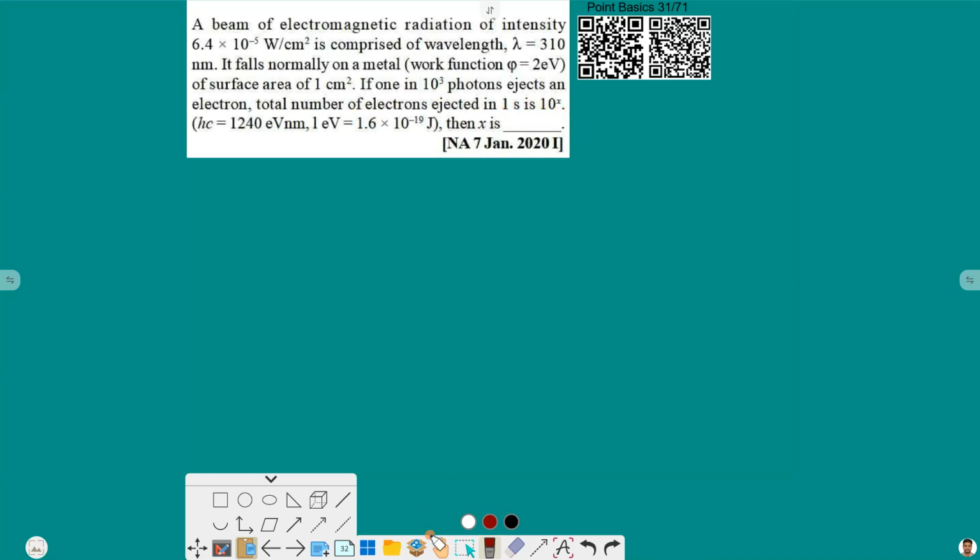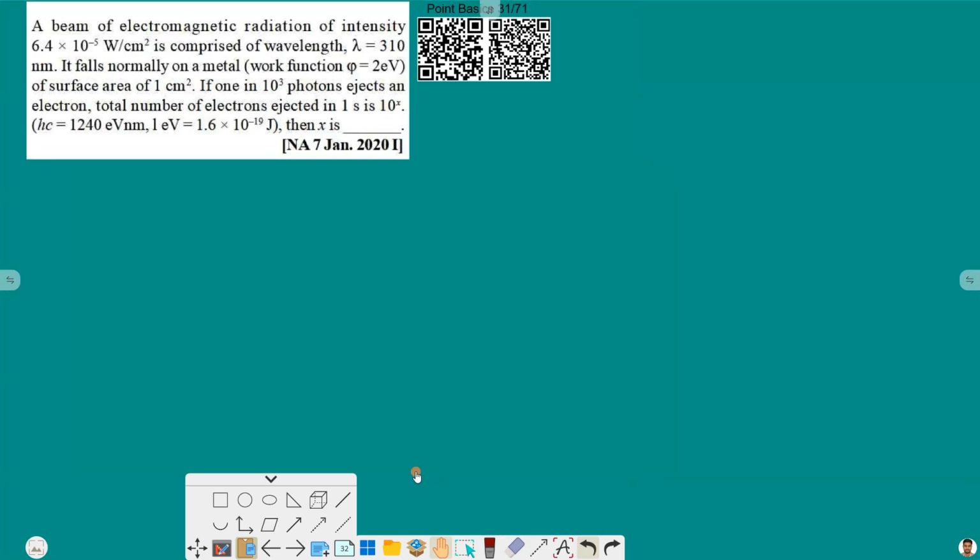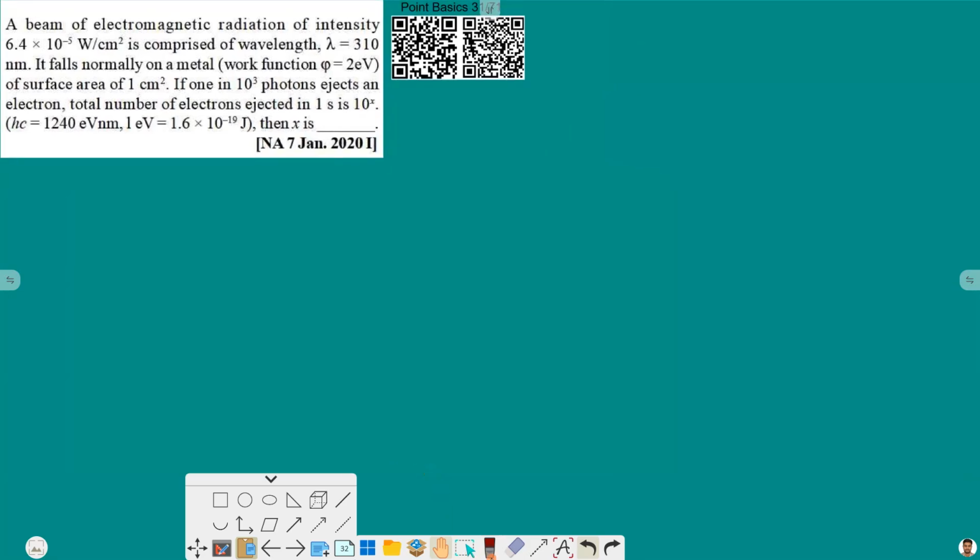So let's start. Here we have been given the intensity, that is 6.4 into 10 raised to power minus 5 watt per centimeter square. Now we know that the number of photons striking the plate per second will be the power divided by the energy of the photon.